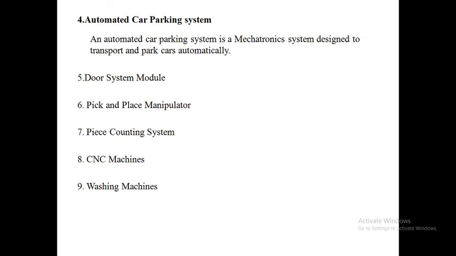These are mostly used in automated industries, where they pick a particular product and place it at a particular place. These pick and place manipulators have actuators, torque, vision, and manipulation, all these are its components.